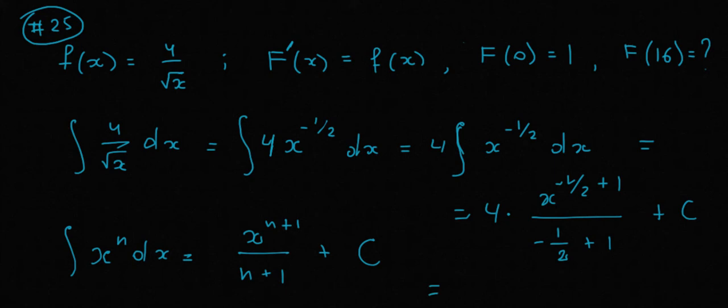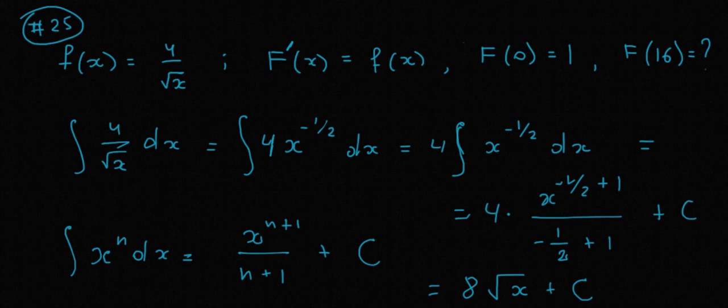And negative 1/2 plus 1 is positive 1/2. x to the power positive 1/2 is going to be square root of x, and then 4 divided by 1/2 is going to be 8. And so we get 8 square root of x plus an arbitrary constant of integration. This is a formula that includes all antiderivatives of the function 4 divided by the square root of x.